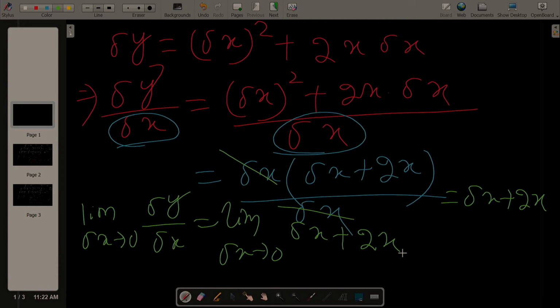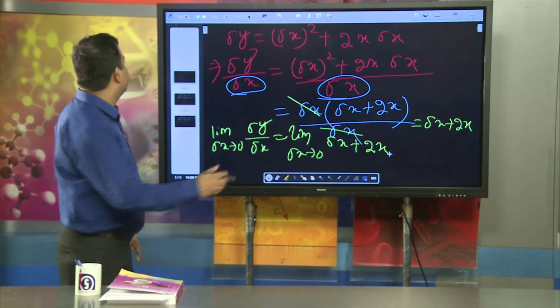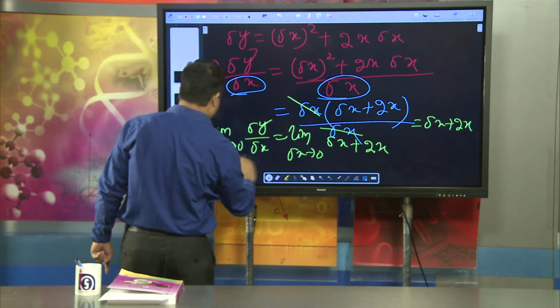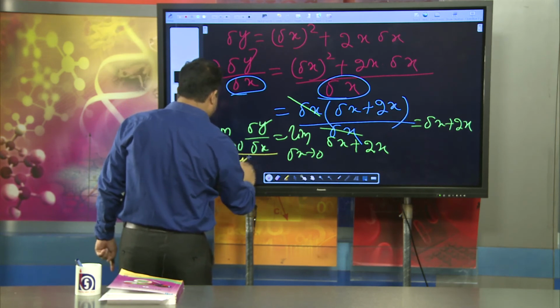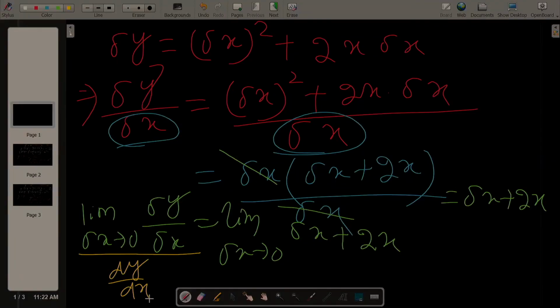Okay. Del x plus 2x. Only we have taken the limit del x tends to 0 on both sides. And what we get? You will immediately find that the limit del x tends to 0 of del y by del x is nothing but dy by dx. Since del x tends to 0, this quantity will be 0.